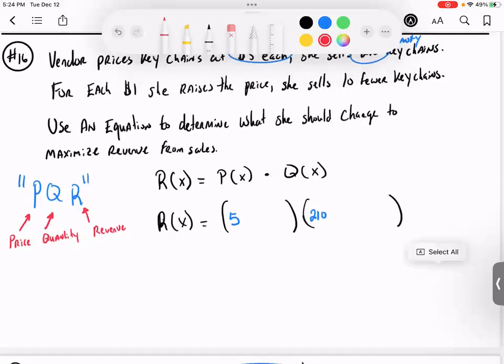So when you see each $1 she raises the price, each $1 she raises, how can I rewrite that mathematically? We say plus because of the word raises. So 5 plus what?